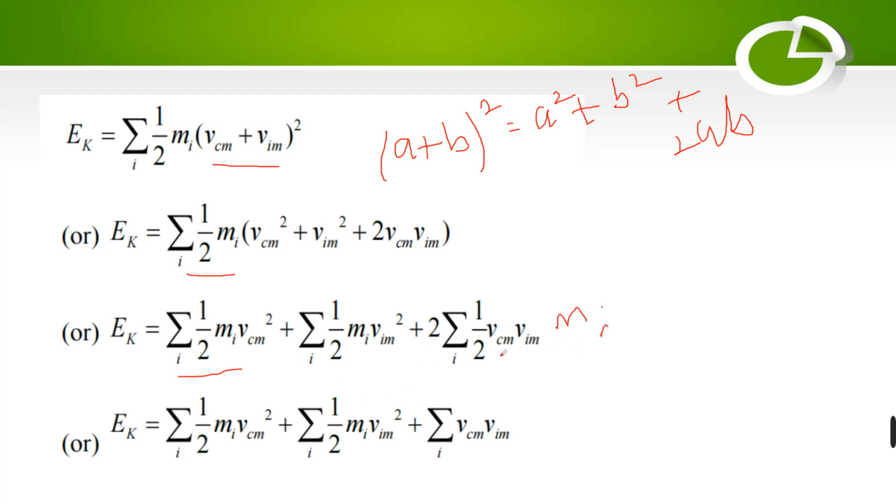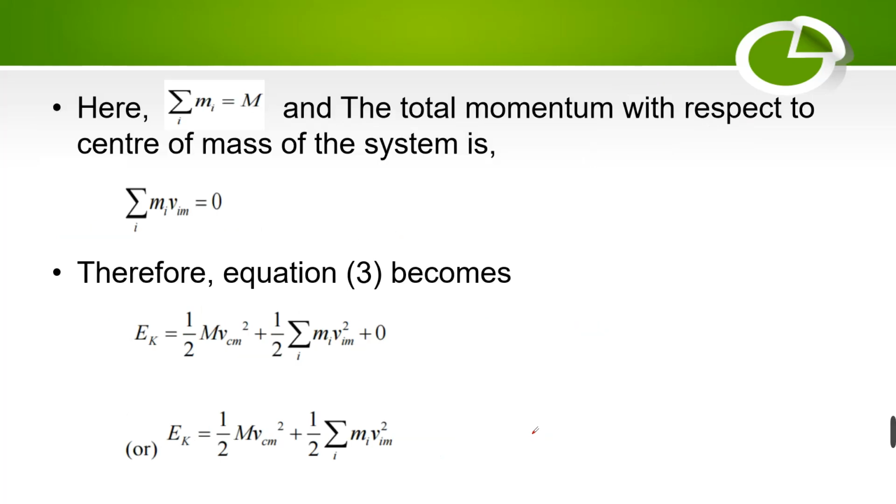Here this 2 and half will get cancelled, and the formula becomes summation i equal to 1 to n half mi Vcm square plus summation i equal to 1 to n half mi Vim square plus summation i equal to 1 to n mi Vcm into Vim.